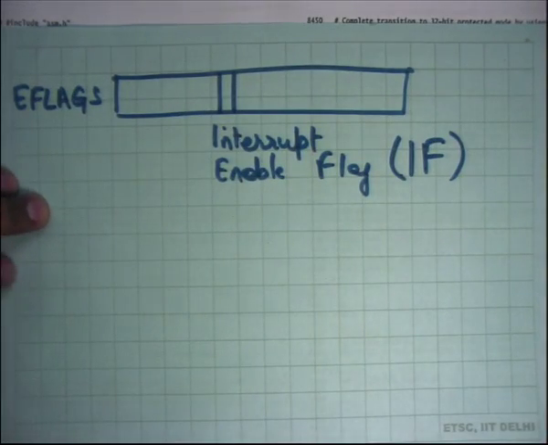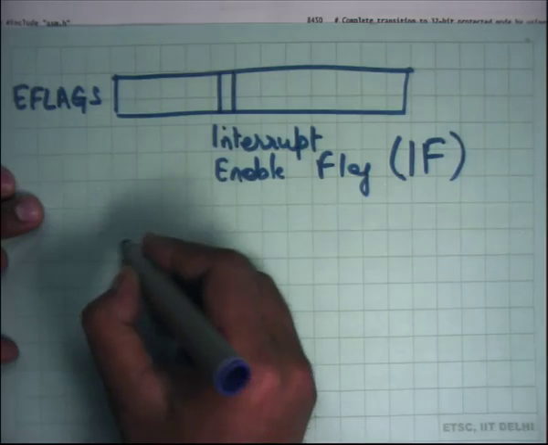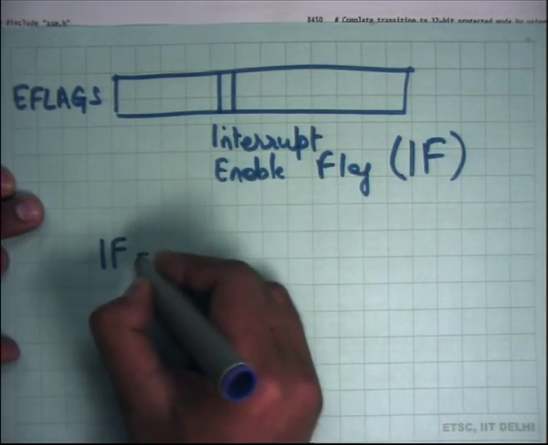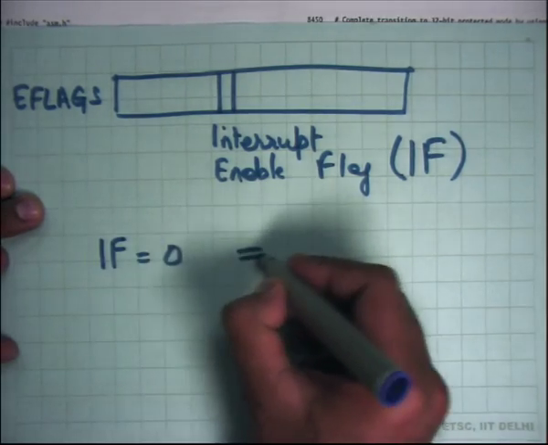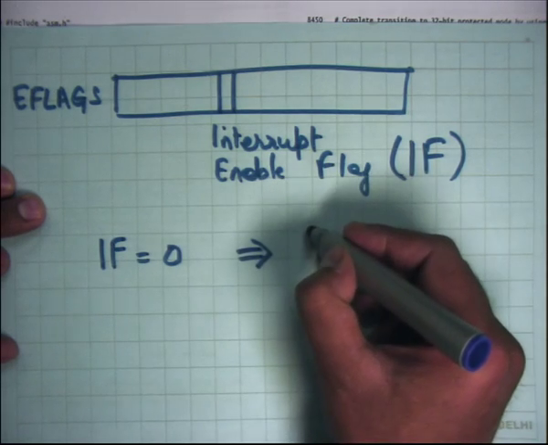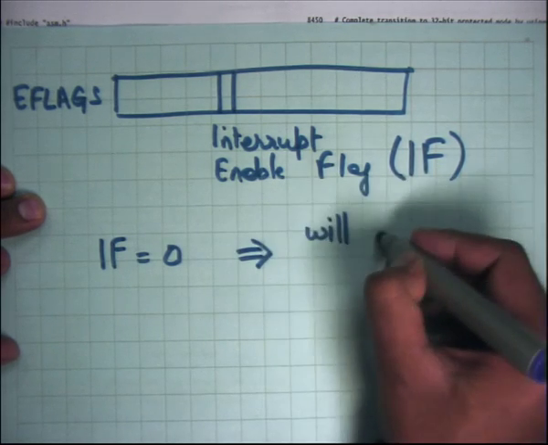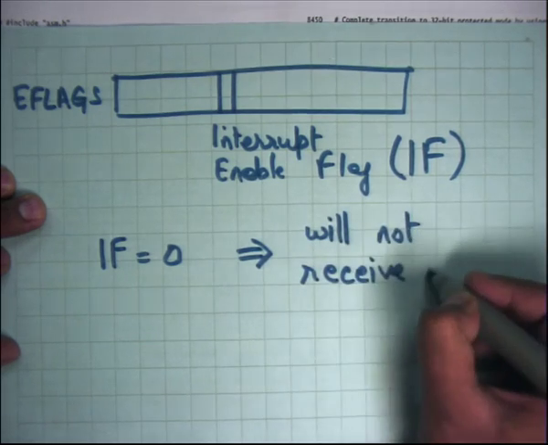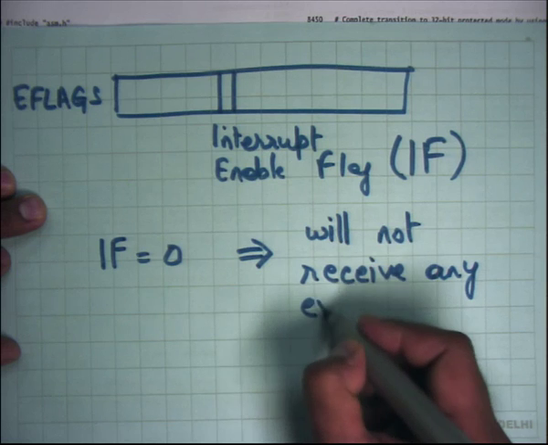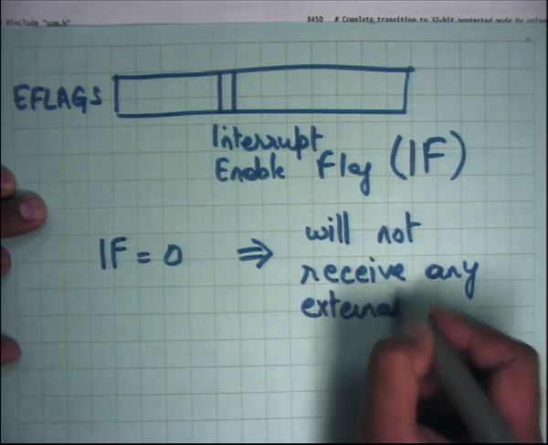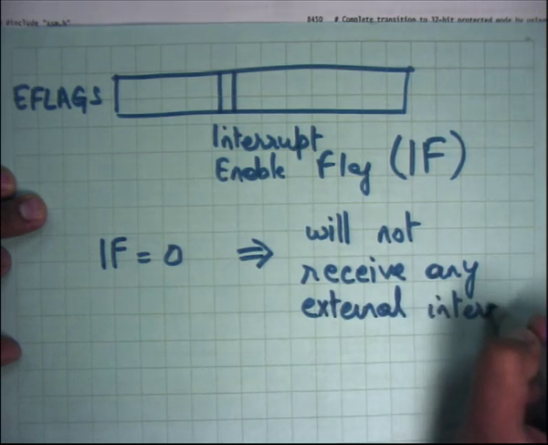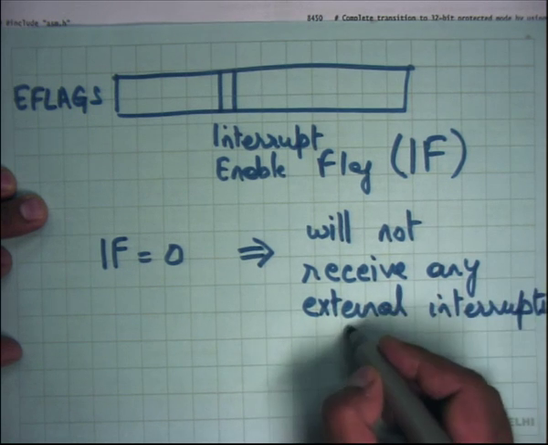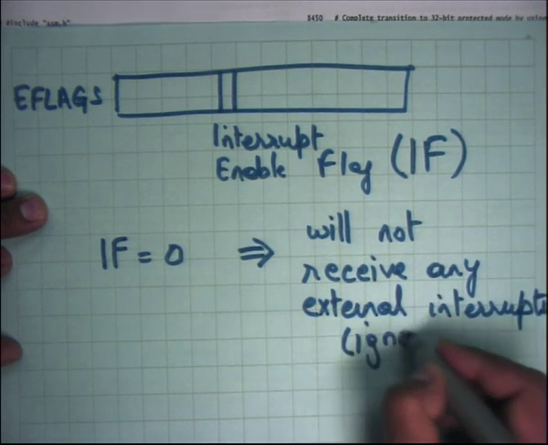The semantics are, if IF is equal to 0, it implies I will not receive any external interrupts. In other words, just ignore the external interrupt.